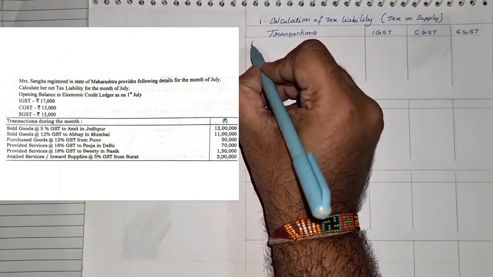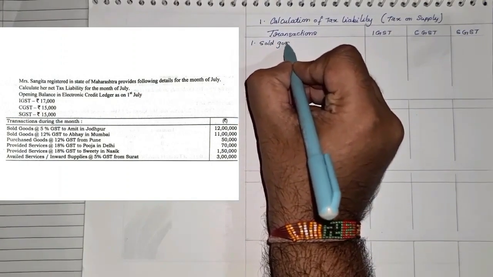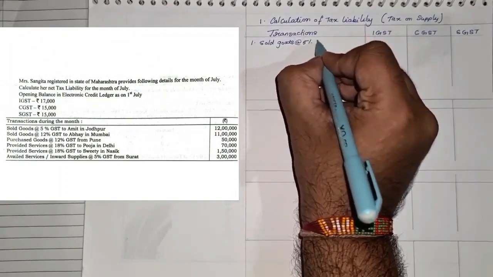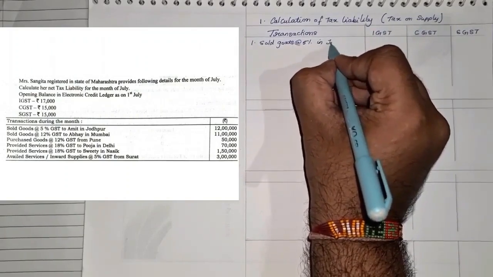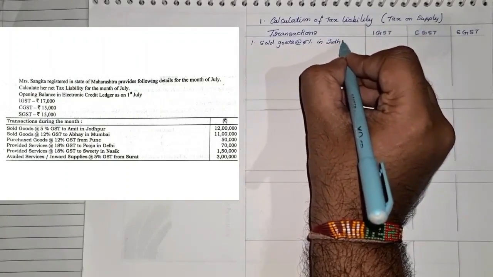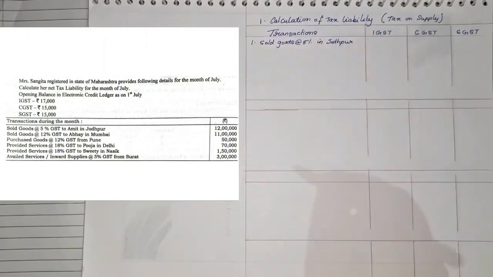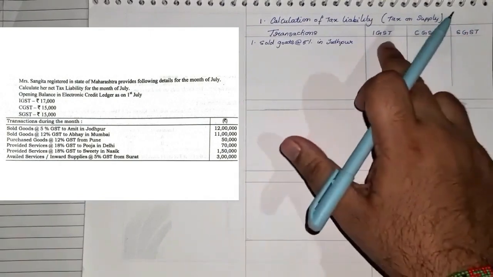So we start. Number 1, it is given sold goods at 5% to Amit in Jodhpur. Now Sangeeta is from Maharashtra, this is Jodhpur, you're supplying to Jodhpur, 2 different states. If it is 2 different states, the entire tax collected will be based on IGST.